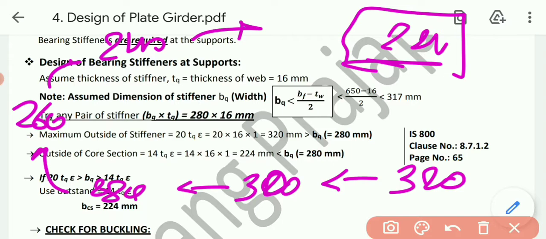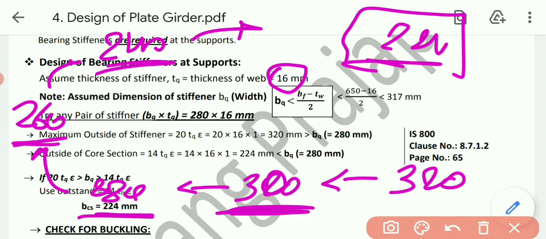So the thickness is fixed at 16 mm. Now talking about width, I can take either 300, or 280, or 260, or 240. Even if you want to take 290, you can. There is no such criterion, but usually I follow a 20 mm slab with respect to the maximum dimension.